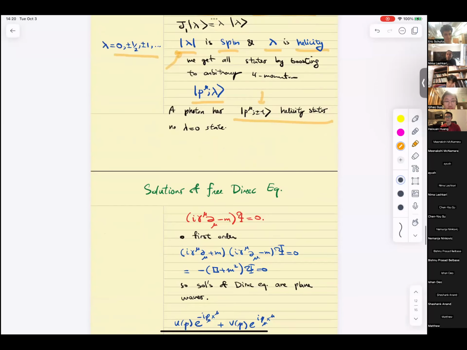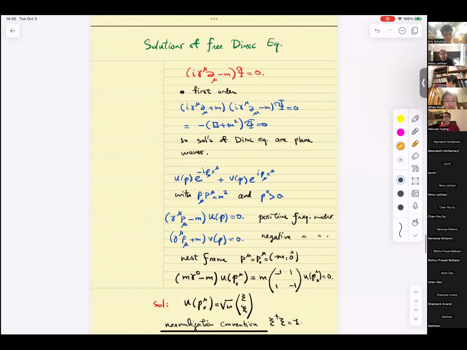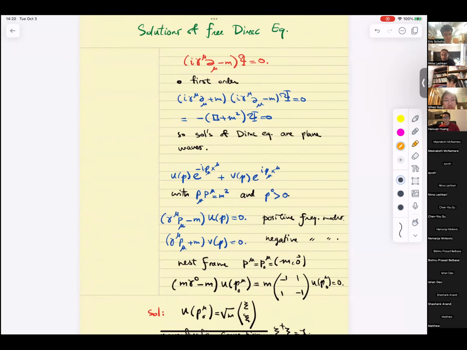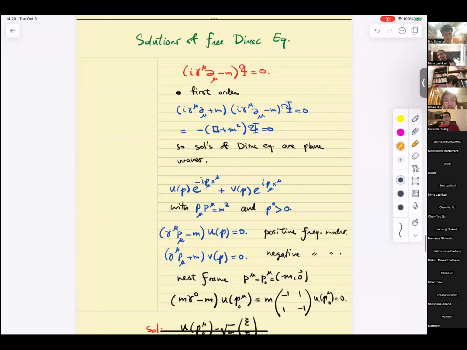All right, solutions to the free Dirac equation. This is the last discussion we're going to have for classical field theory, and it's in a sense already a little bit quantum because these are projective representations. But they don't need to be quantum. So here's our simplest Dirac equation.